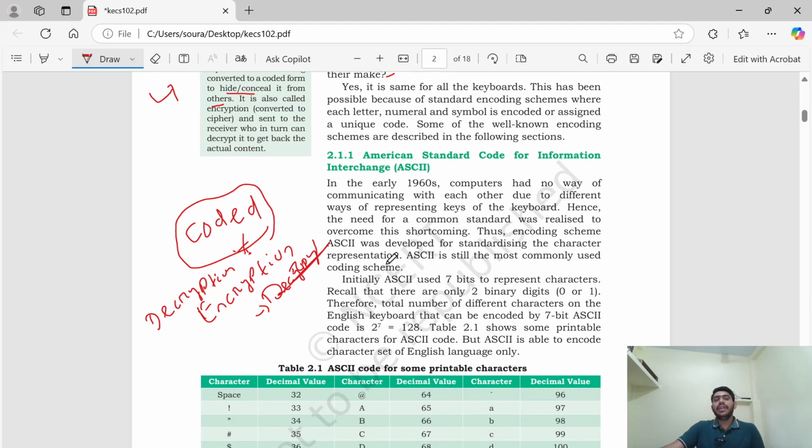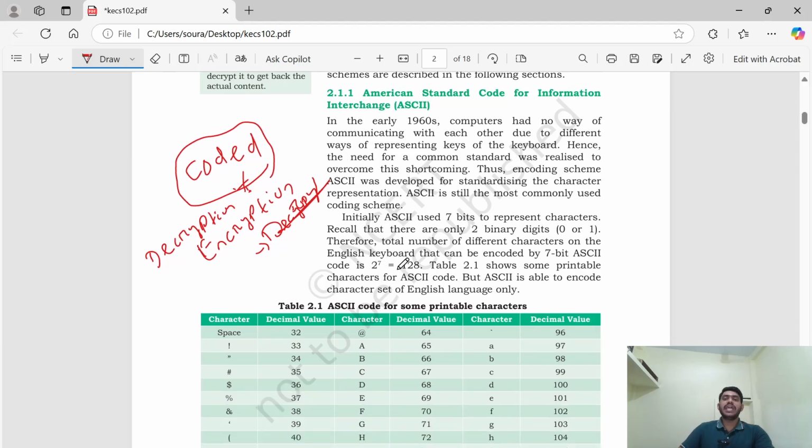Now we will read about different encoding schemes. The first one is ASCII, American Standard Code for Information Interchange, pronounced as ASCII. In the early 1960s, computers had no way of communicating with each other due to different ways of representing the keys of the keyboard.